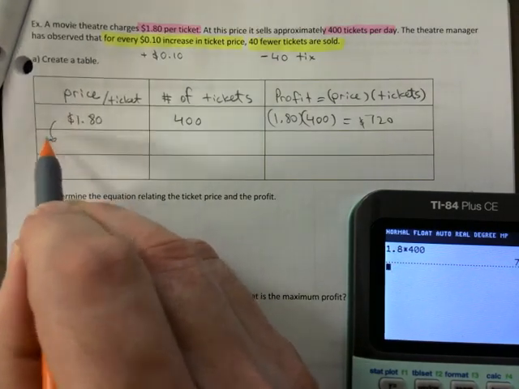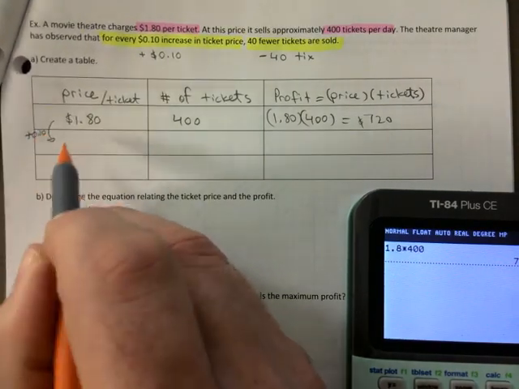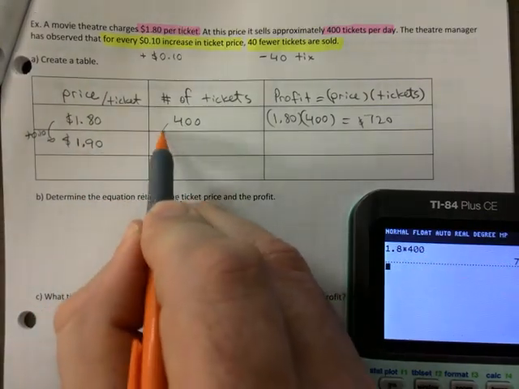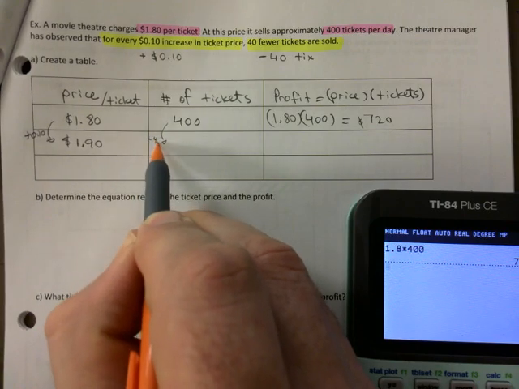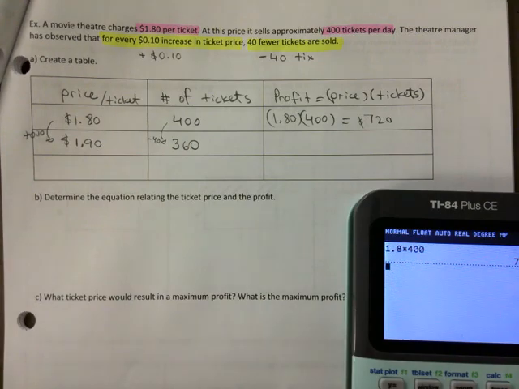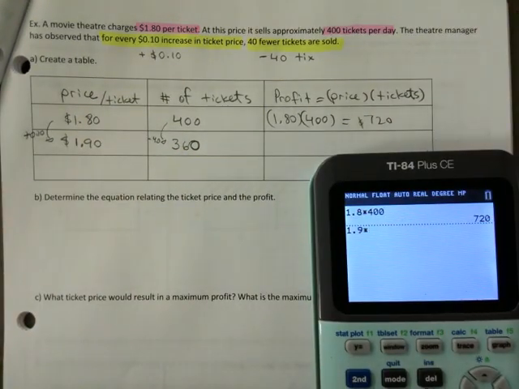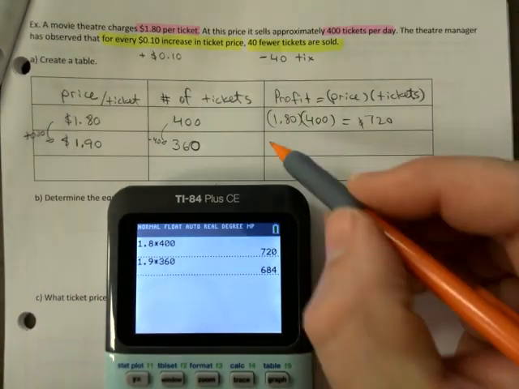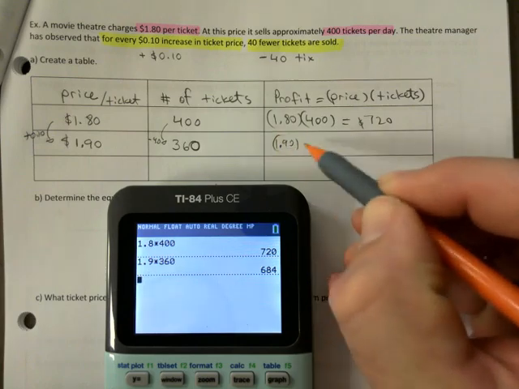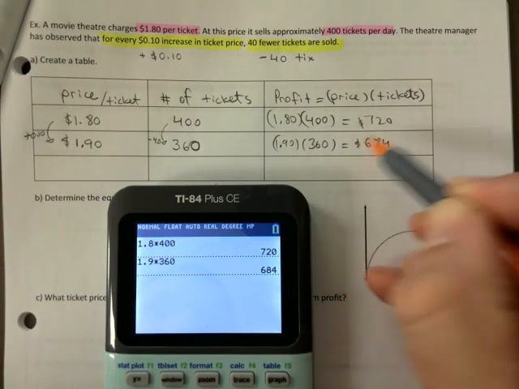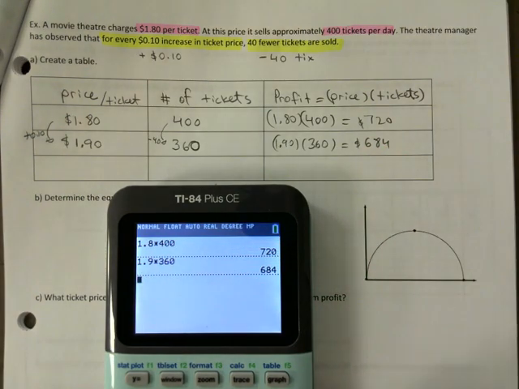If you now add 10 cents to this, that gets you to $1.90, which means that you would lose 40 tickets, right? You would sell fewer tickets. So there's your $1.90 times 360, 684. So I go 190 times 360, 684. So you're profiting less there.